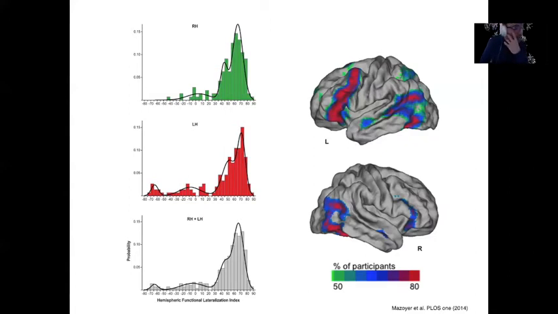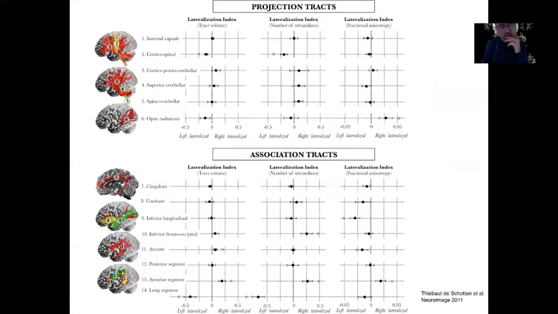Now, if language is lateralized this way, it probably has some support in terms of the connections that are in the brain. I myself have been trying to look for brain asymmetries that will support the functional lateralization of language. And what you can see, of course, part of all the tracts that you can explore in the brain, is that the arcuate fasciculus, number 11, if you take it as a whole, is not really left lateralized.